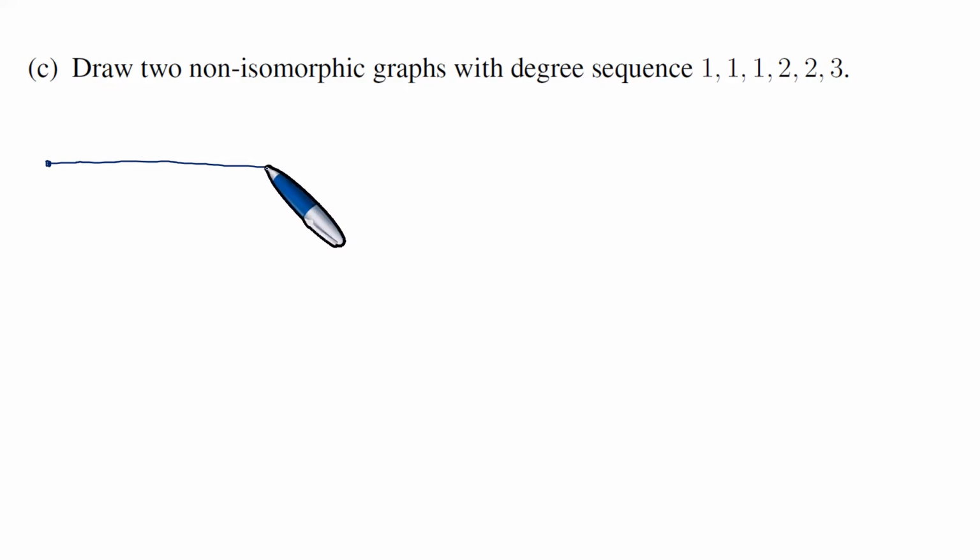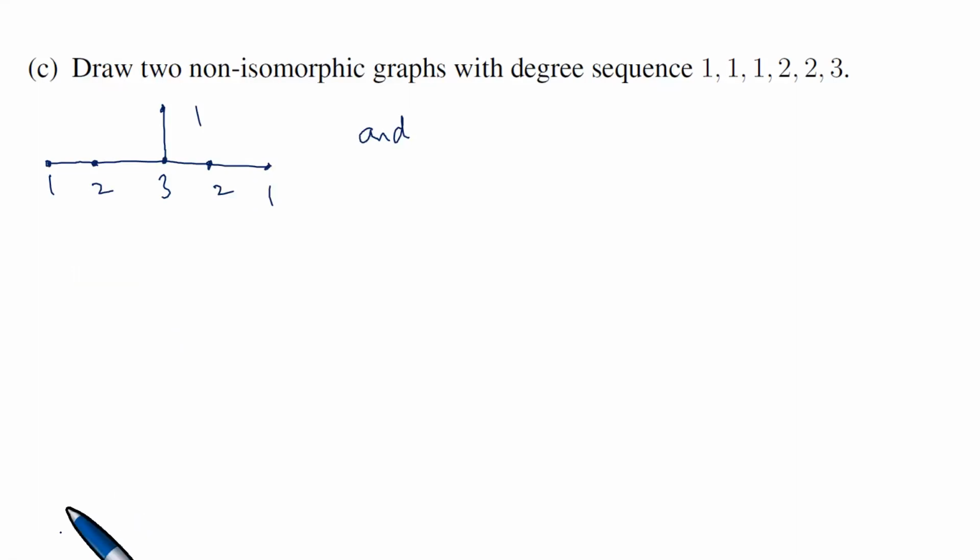So you have degree 1, degree 1, degree 1. Now you can drop this one here, so that this one is degree 3, and then you can just put these ones here. So degree 2, degree 2.